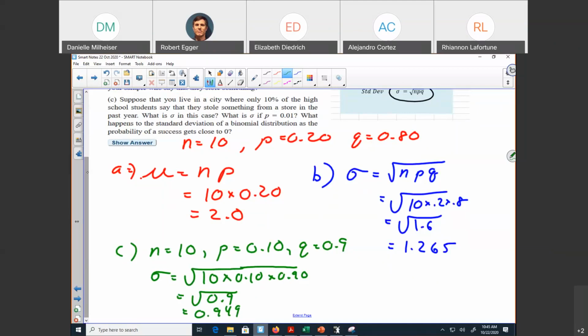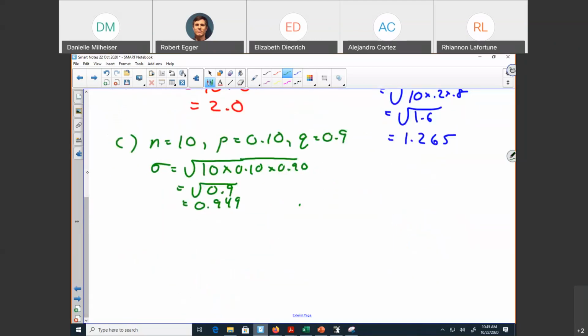What would sigma be if P is 0.01? Okay, so still N is 10, P is 0.01, so Q would be 0.99.